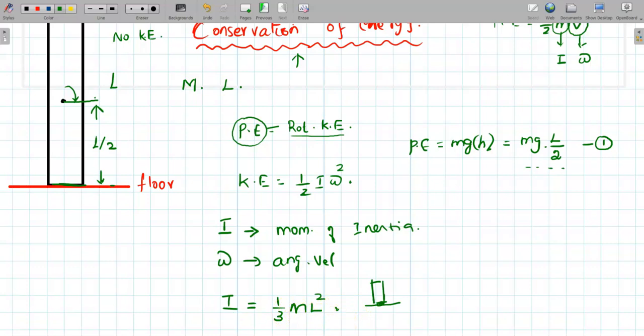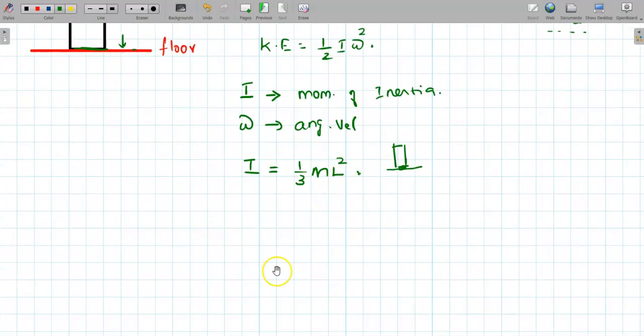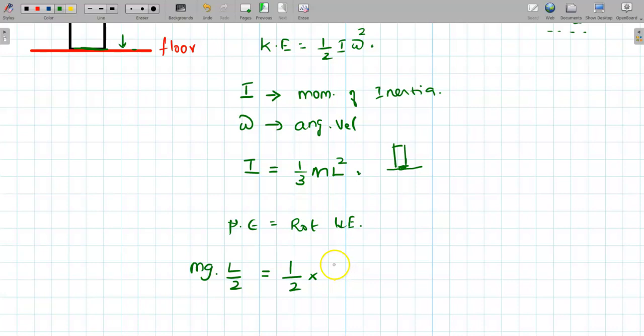Now we are going to set up the conservation of energy equation. Potential energy is equal to rotational kinetic energy. The potential energy is m g L by 2, and the rotational kinetic energy is half I omega square, where the moment of inertia is 1 by 3 m L square.